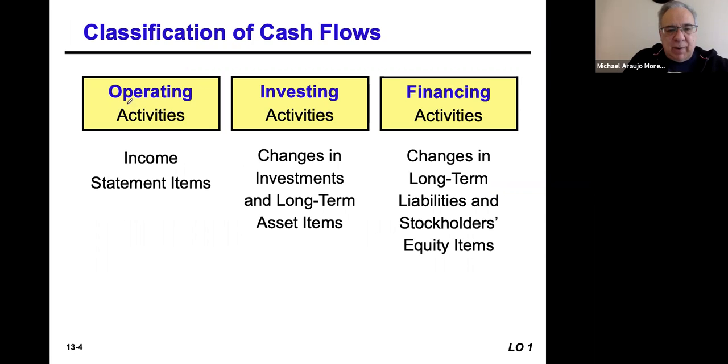So operating, remember the hours of operation, what's happening during the hours of operation of the business. Well, your store is open, or your company is open. You're serving customers, so you're collecting revenue, you're paying bills, you're dealing with inventory and other types of stuff like that. Overwhelmingly, operating activities are going to show up as income statement items.